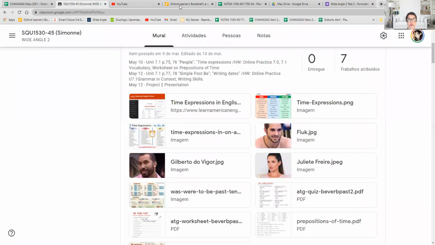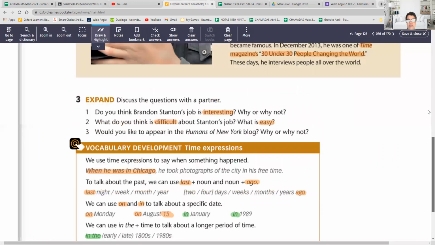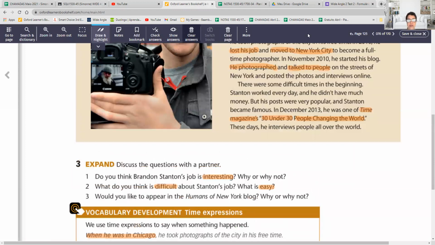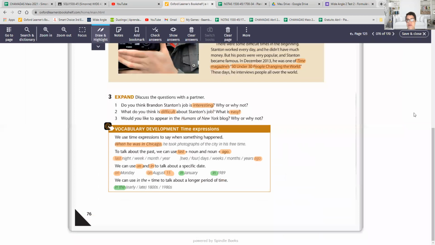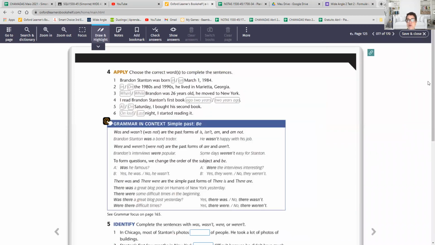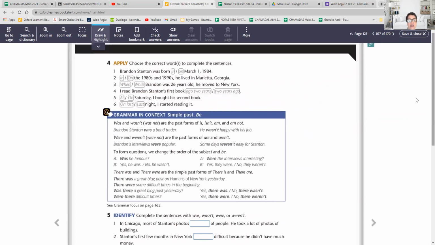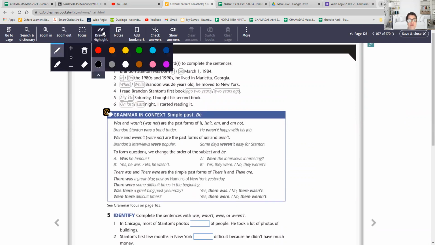All right, people, let's go back to our book. Before we see the projects and have the presentations, I would like to give at least one page, and then after we do the project.